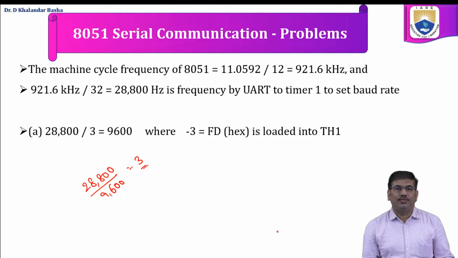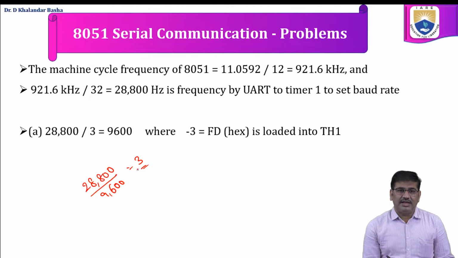So we have to decrement the count 3 times. The value which we are going to load into the TH1 register should overflow after 3 clock pulses.